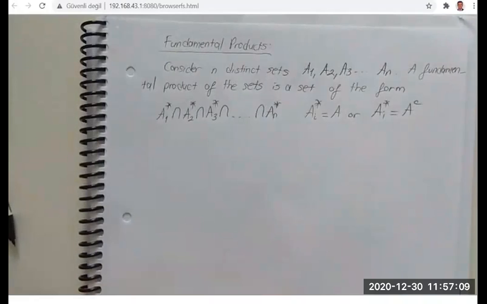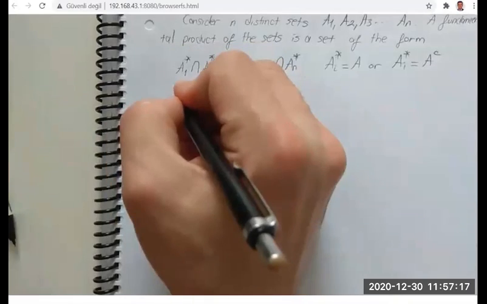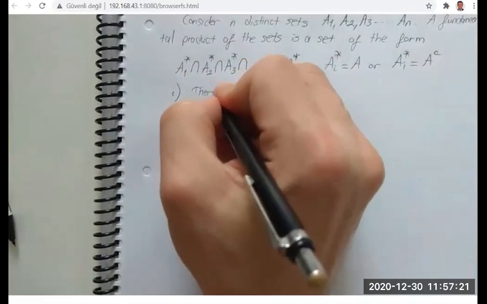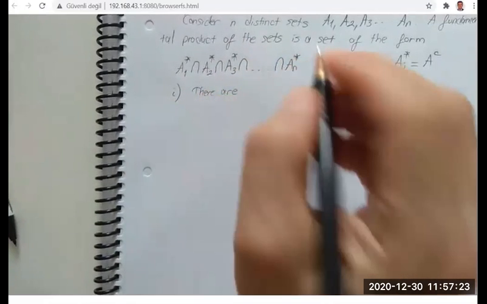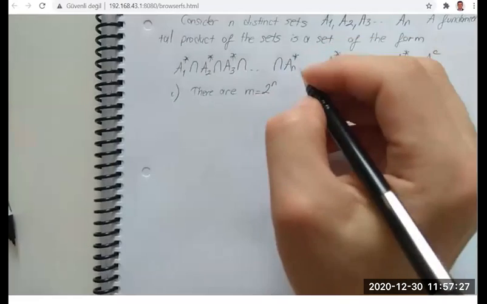And then there are some cases. First, there are m equal to 2 to the power n such fundamental products.